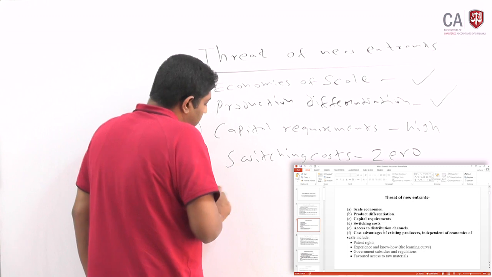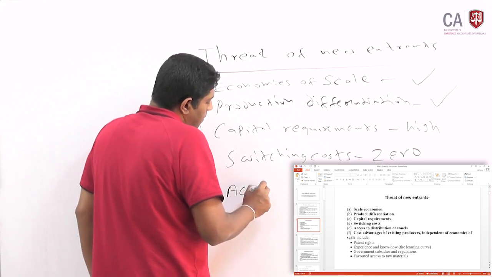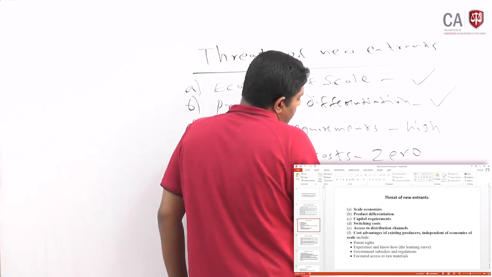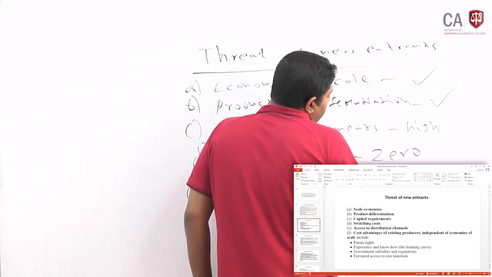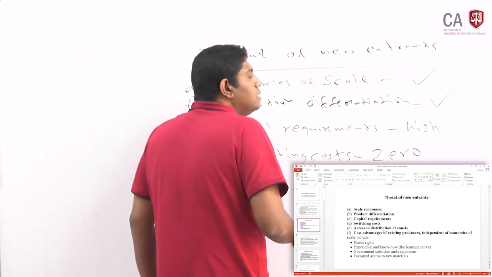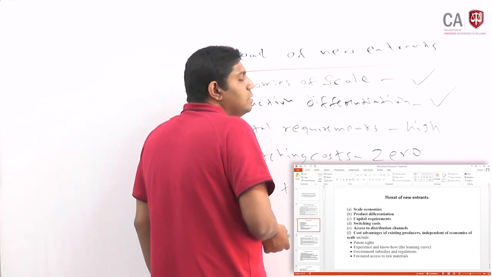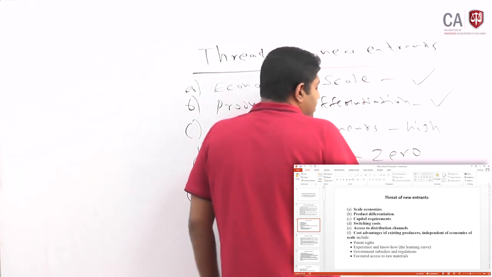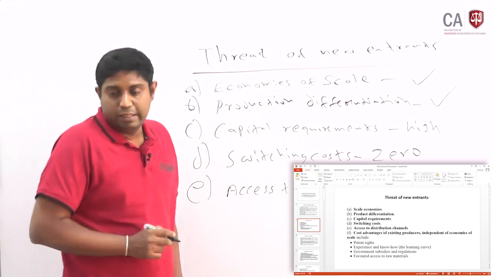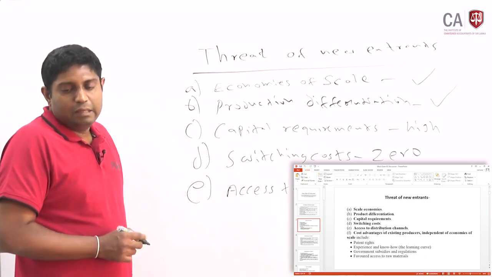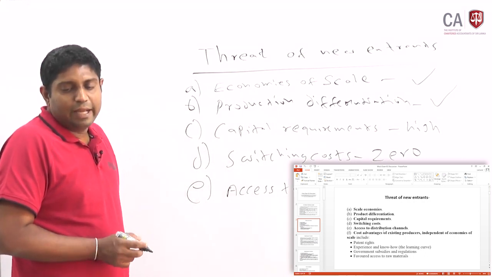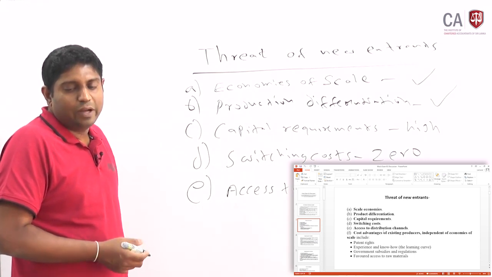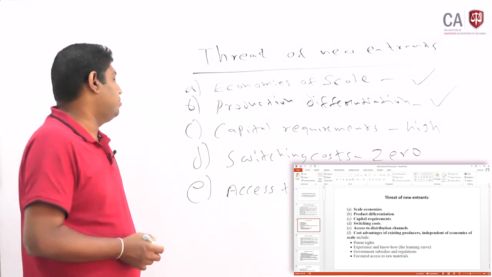Access to distribution channels: we can assume there are some good distribution channel relations with the existing players. For a newcomer, this will not be available easily. Are there any patent rights here? No patent right, but there may be some experience and know-how advantage for the existing players.